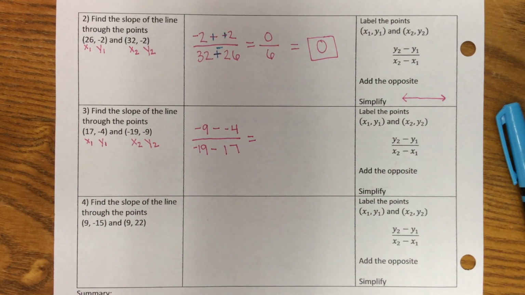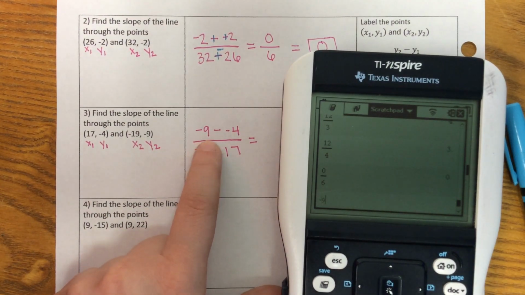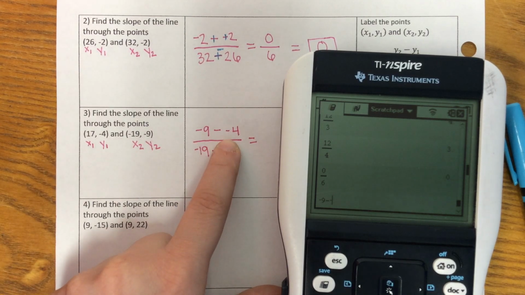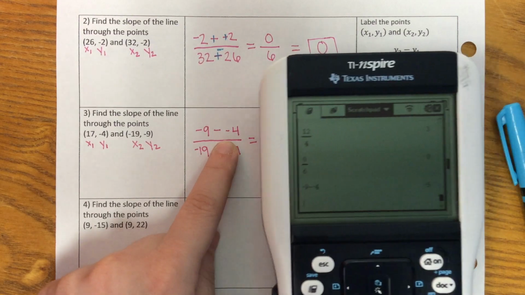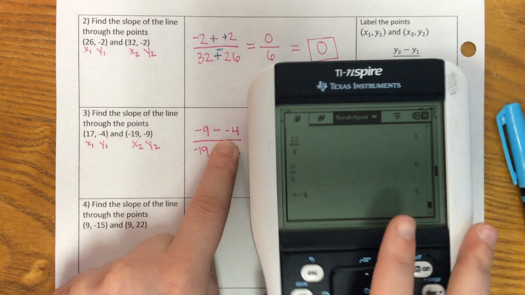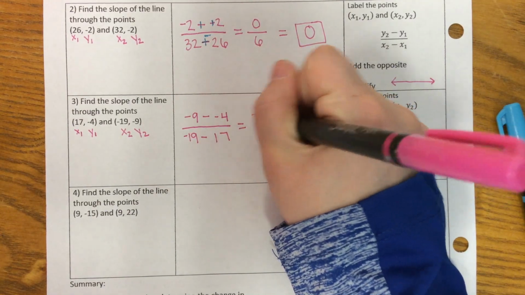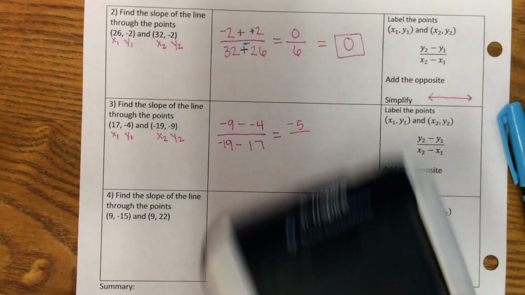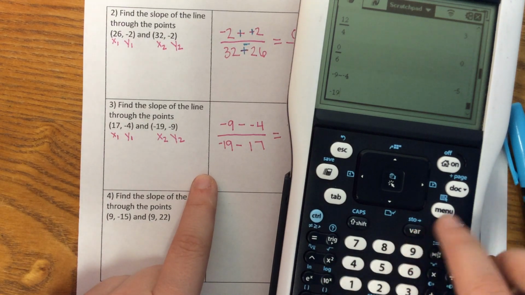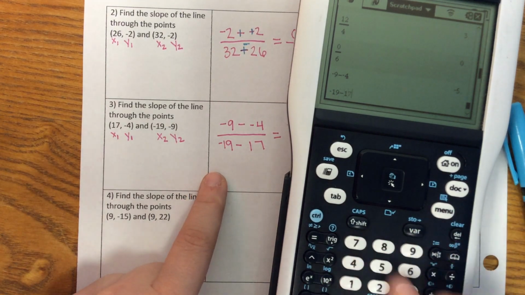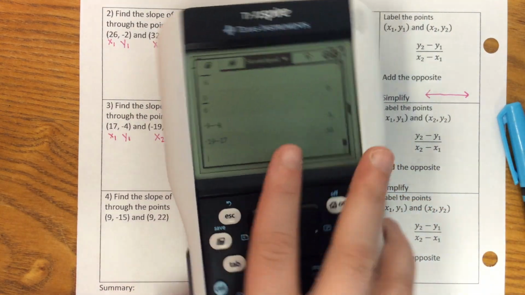Okay, now if you remember how to add the opposite, great. If you don't, it's okay to type it in like this, -9 minus -4. What's really important is you have to have that negative in there, okay? And that's going to be -5. Then I have -19 minus 17, which is going to be -36.